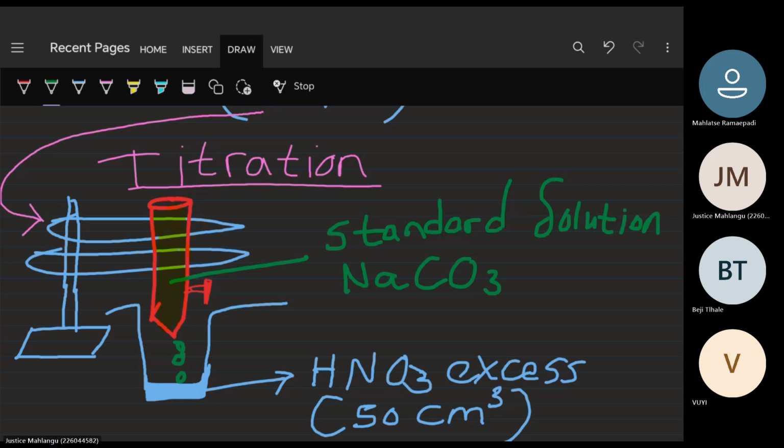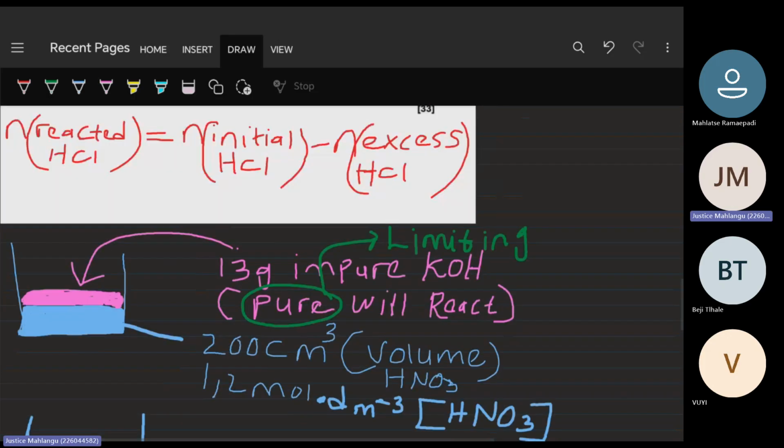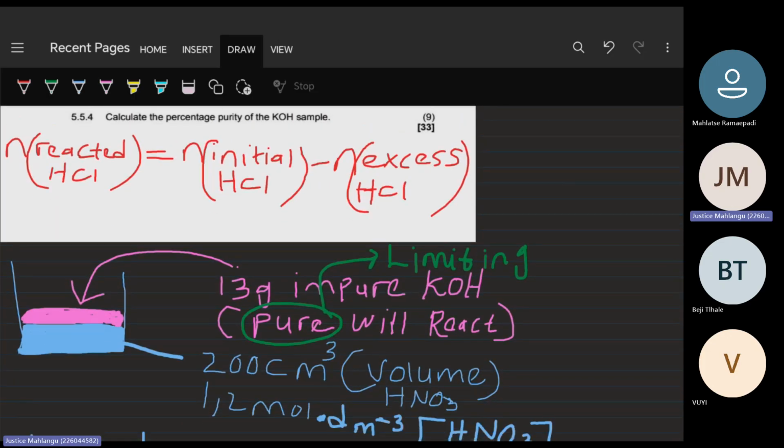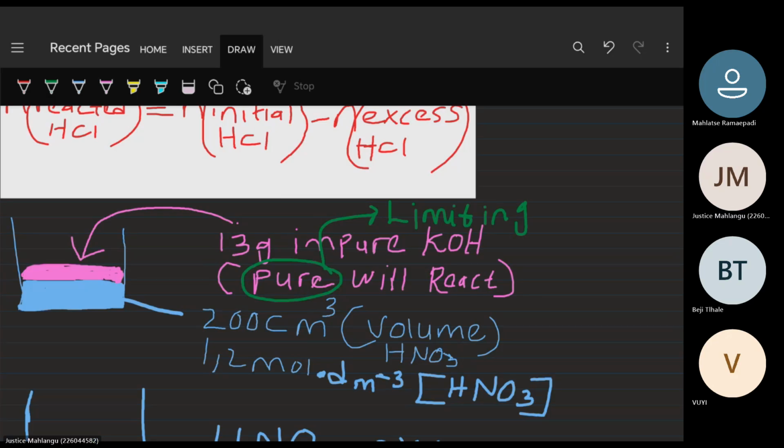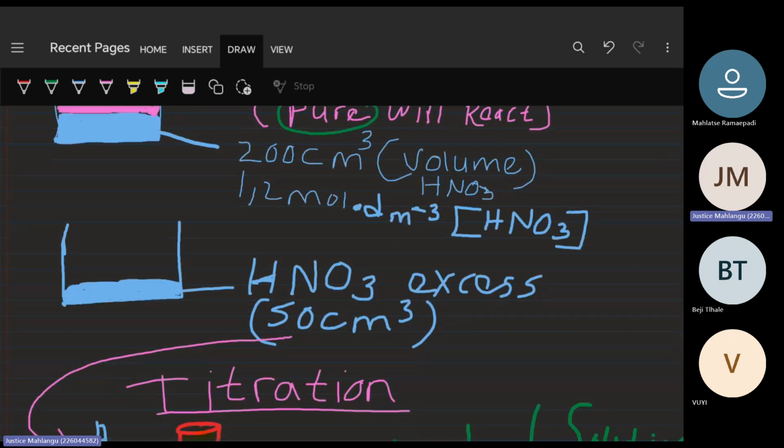Okay. So far, guys, to summarize this question, we're given 13 grams of impure sodium hydroxide. Only the pure will react, the pink one, right? But we know that the pure one will eat away the blue one, which is the nitric acid. But some of it will be left in this beaker here.